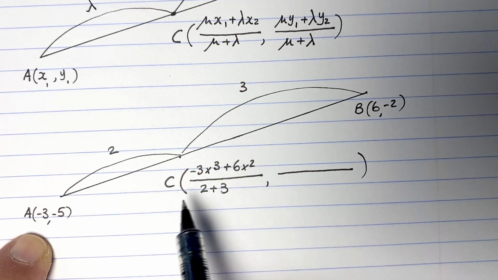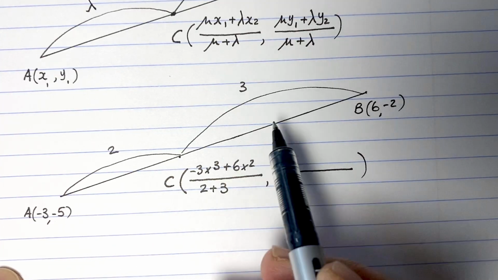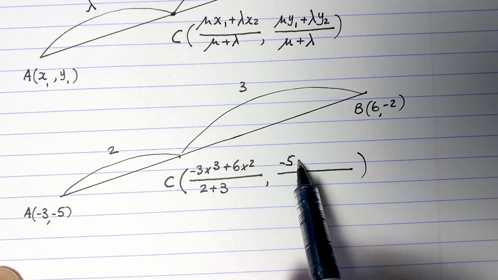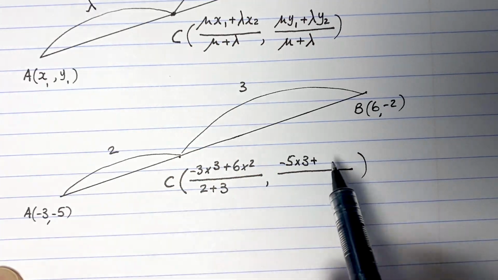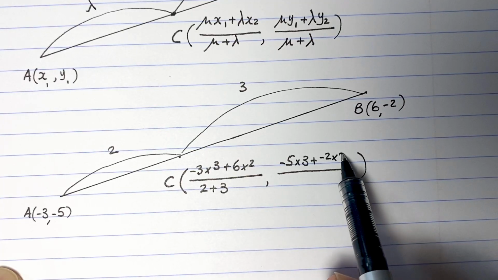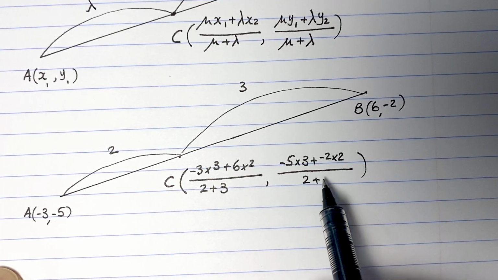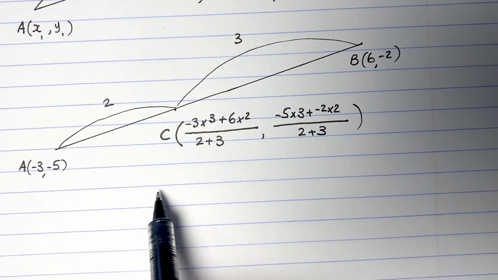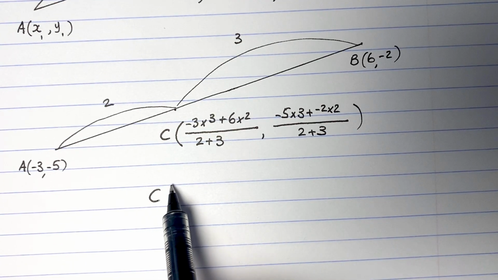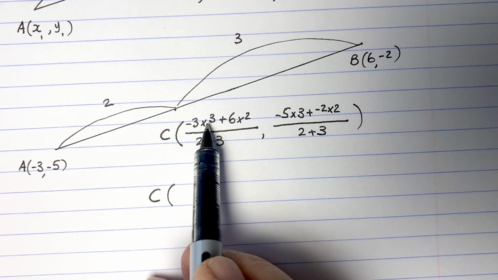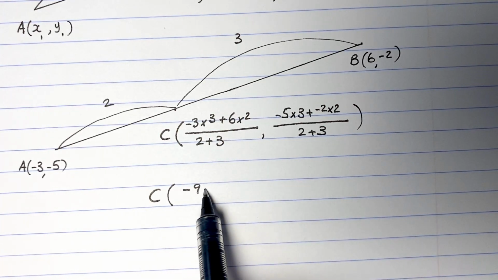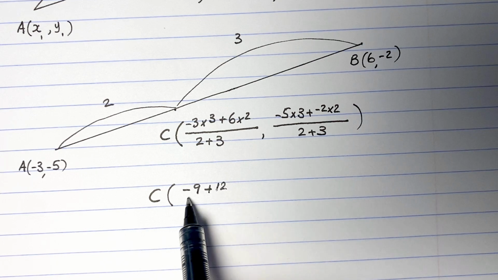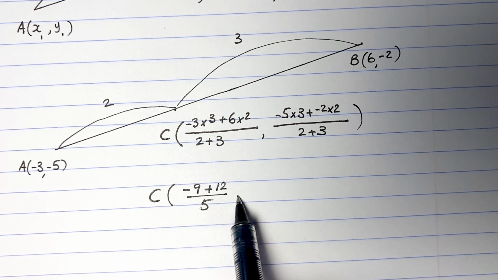Let's go for the y value. -5 times 3 plus -2 times 2, divided by 2 plus 3. So let's calculate this. -3 times 3 is -9, plus 6 times 2 which is 12, divided by 5.